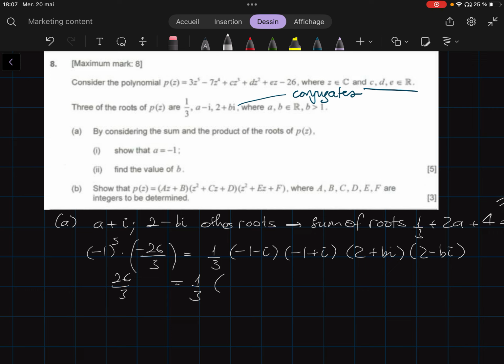Minus 1 minus i times minus 1 plus i. This is going to be minus 1 squared minus i squared. 2 plus bi times 2 minus bi. This is 2 squared plus b squared.